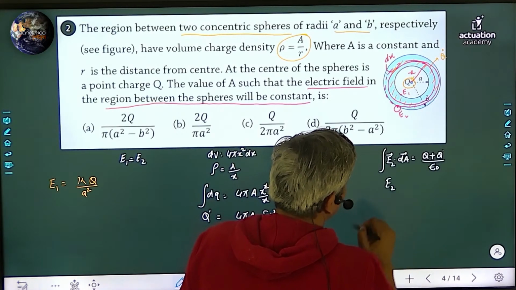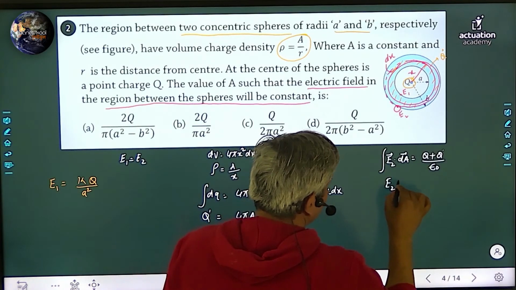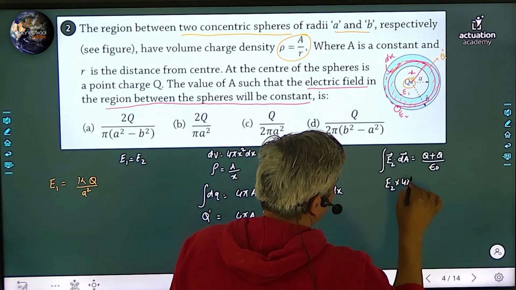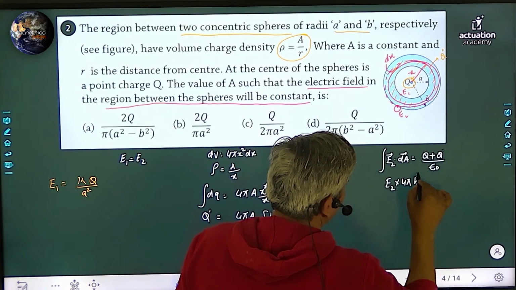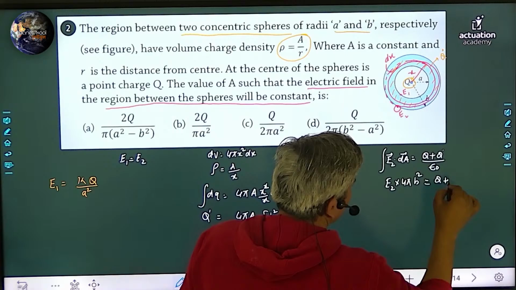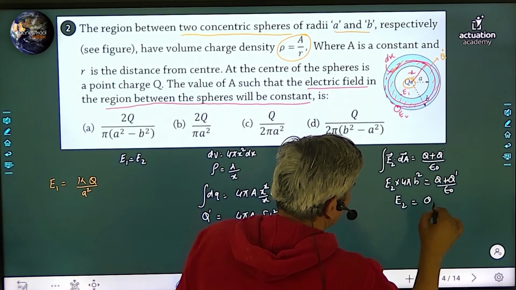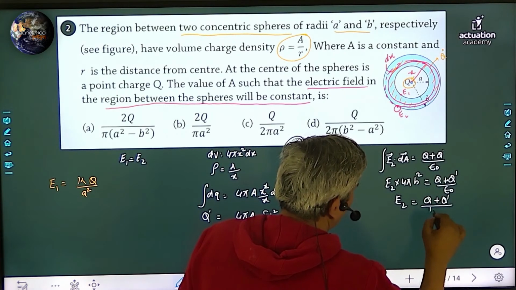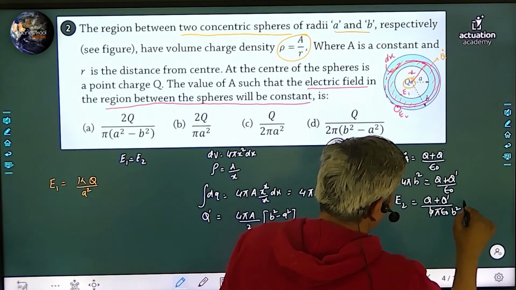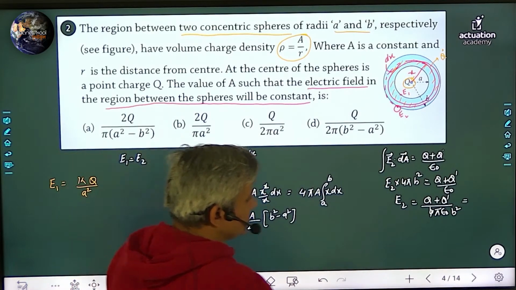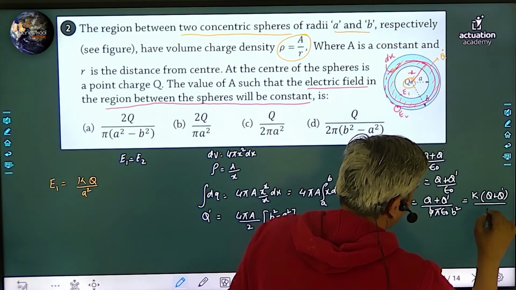Now from here E2 is going to be the same across this surface, and the surface area is 4 pi b square, so 4 pi b square E2 is equal to q plus q dash over epsilon naught, and E2 is q plus q dash over 4 pi epsilon naught b square. Okay, 1 by 4 pi epsilon naught can be written as k. So we can write this as k into q plus q dash over b square.